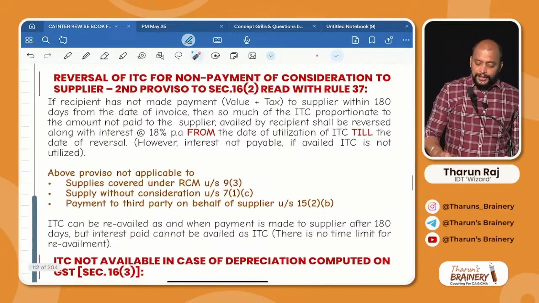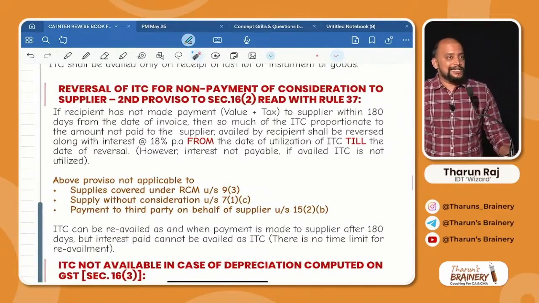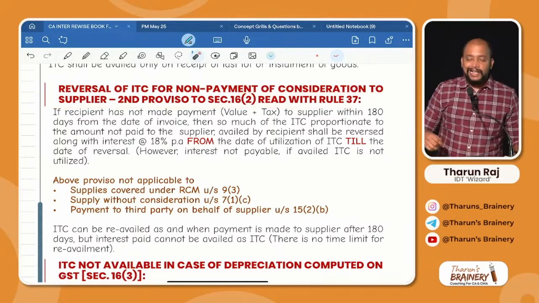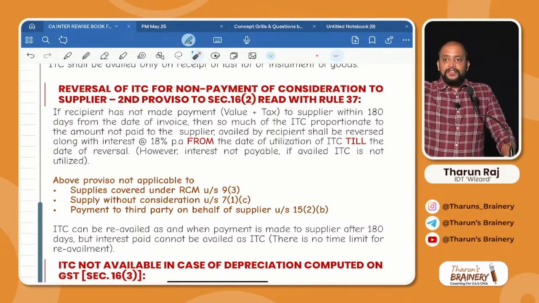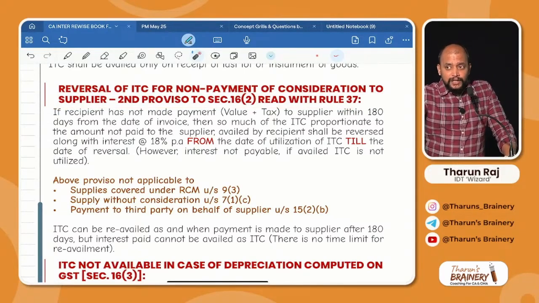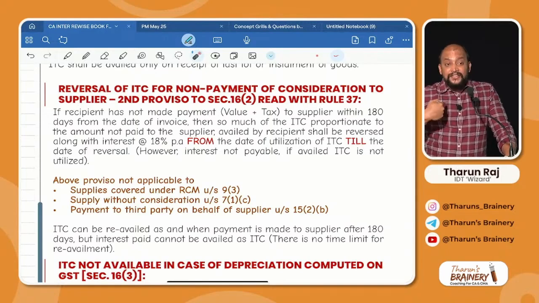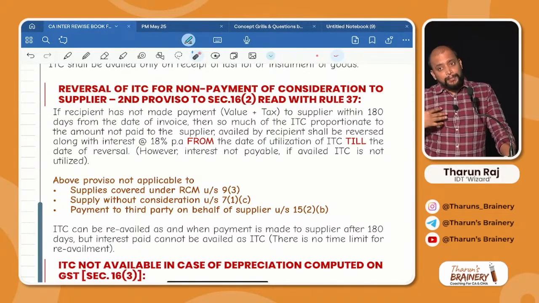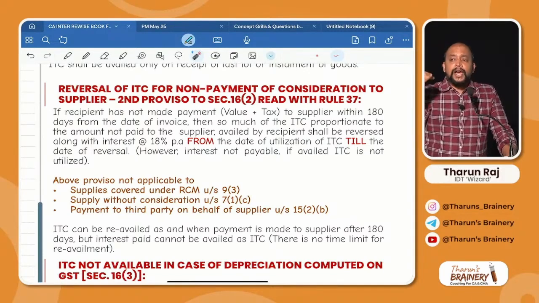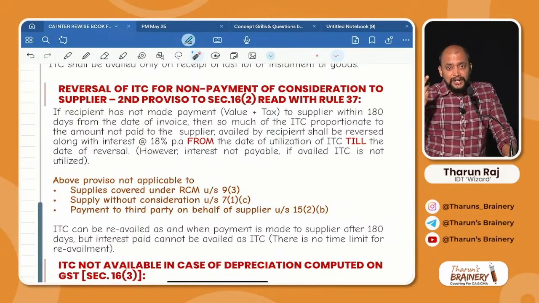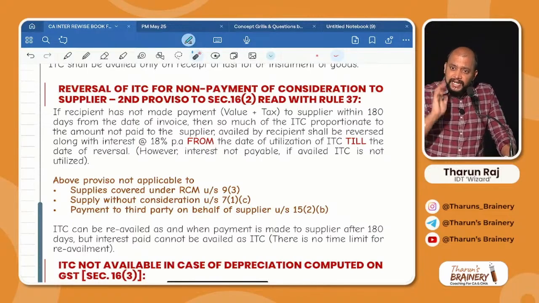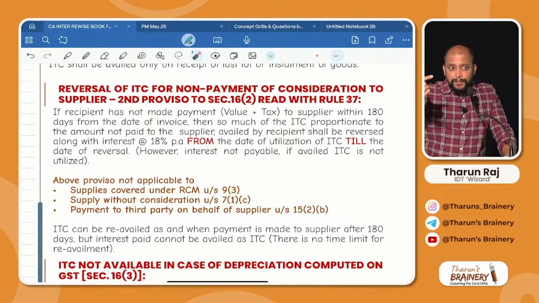Then look into the next one, reversal of ITC for non-payment of consideration to supplier. What is that? If there is a recipient who is not making payment to supplier within 180 days from the date of invoice. I am your supplier, you are my recipient, you have not made payment to me. Even then can you take ITC? Yes. In the 8 conditions, is there anywhere it is given that recipient should make payment to supplier, only then recipient can take ITC?